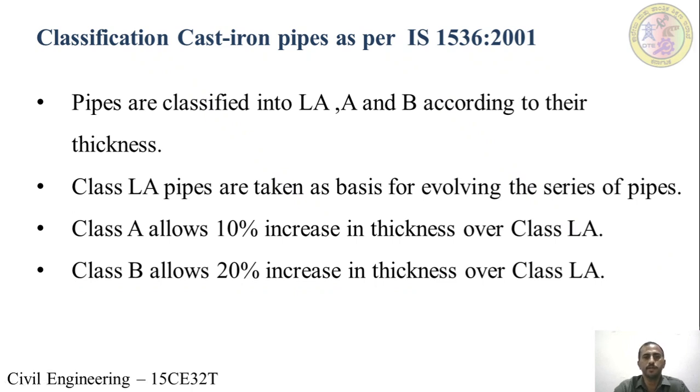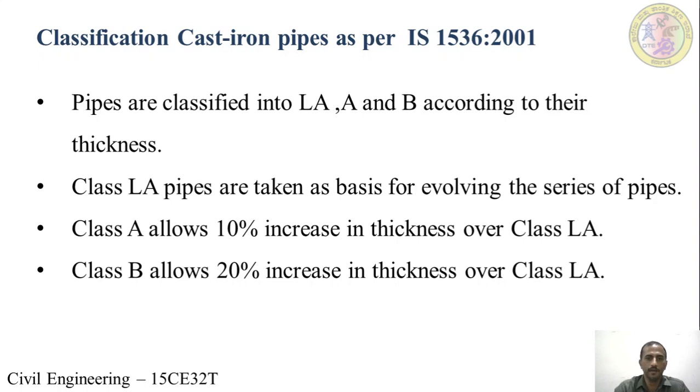Classification of cast iron pipes as per IS 1536-2001. The cast iron pipes are classified into class LA, class A and class B according to their thickness, where the class LA pipes are taken as basis for deciding other classes.